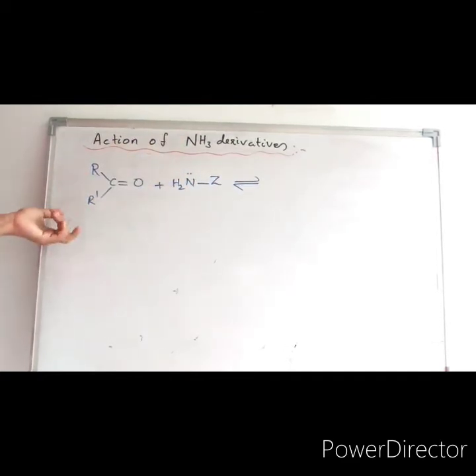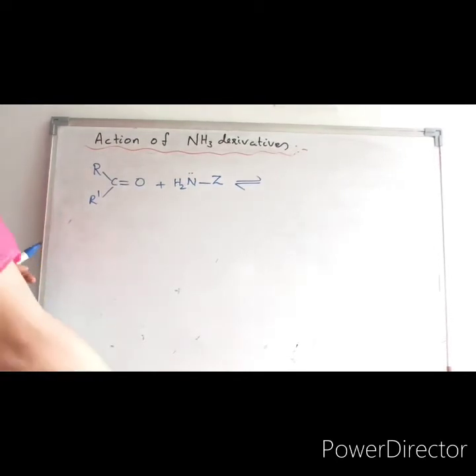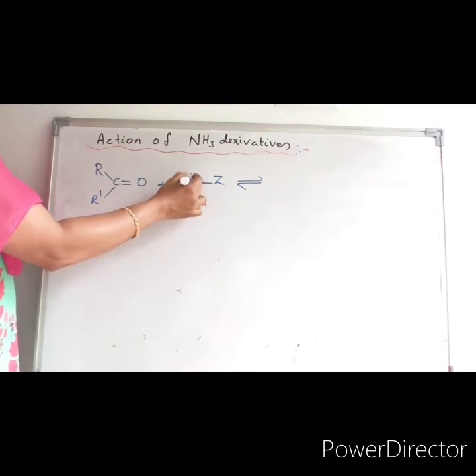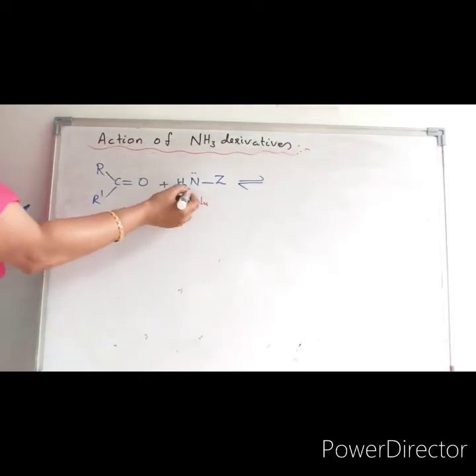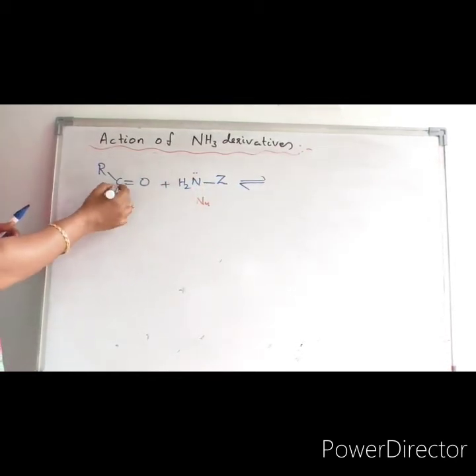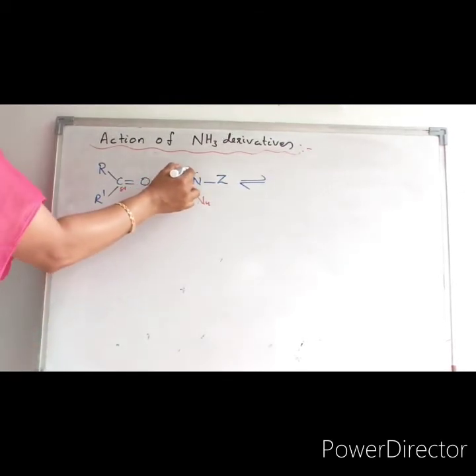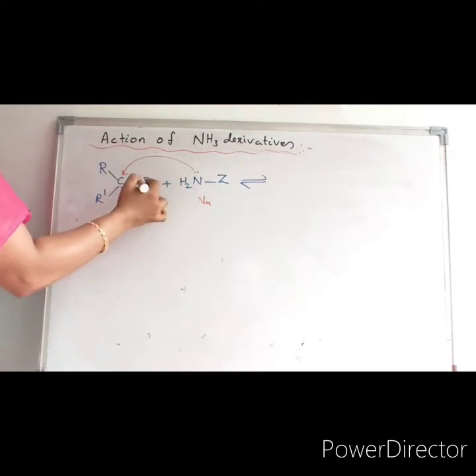First you will see how this is happening. This is the nucleophile, as I said earlier: nitrogen with a lone pair will be the nucleophile. Here, as you know, this carbon is positive and this oxygen is negative. The reaction happens like this: nucleophilic addition in the first step.